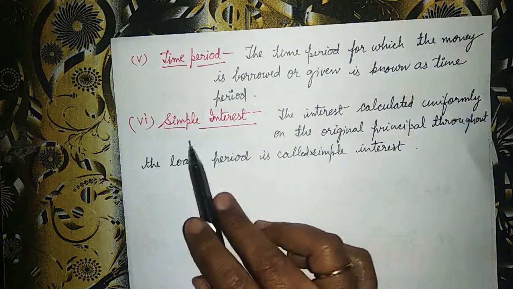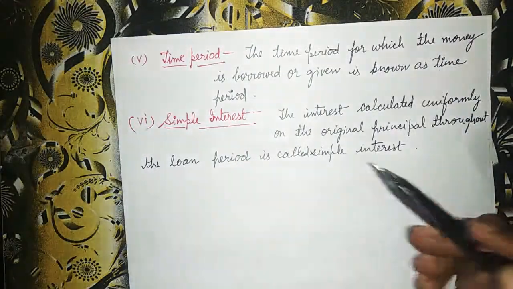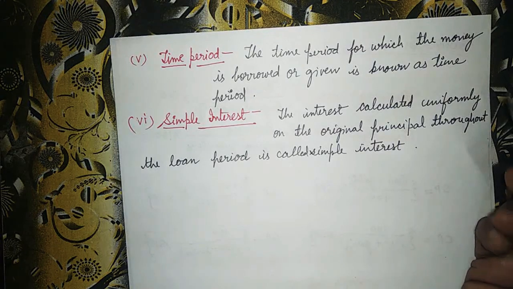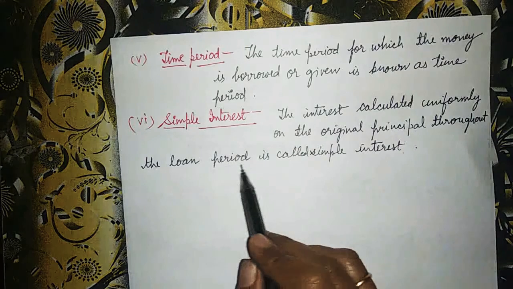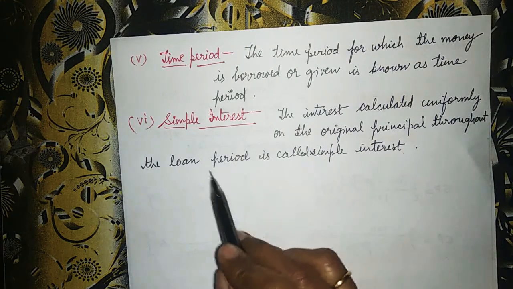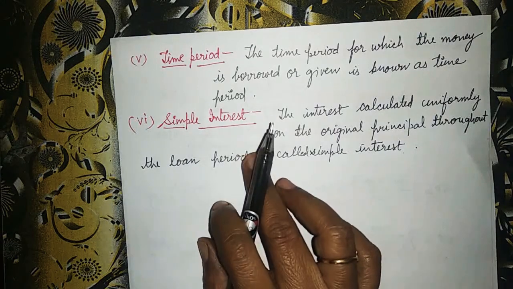Okay, what is simple interest? The interest calculated uniformly on the original principal throughout the loan period is called simple interest. Period means I think you understood, for time period. Okay, so it is simple interest.